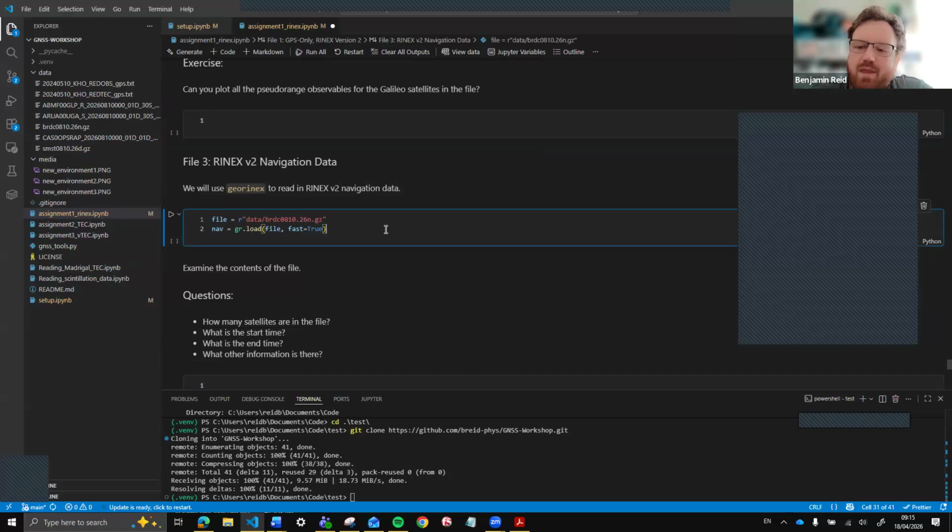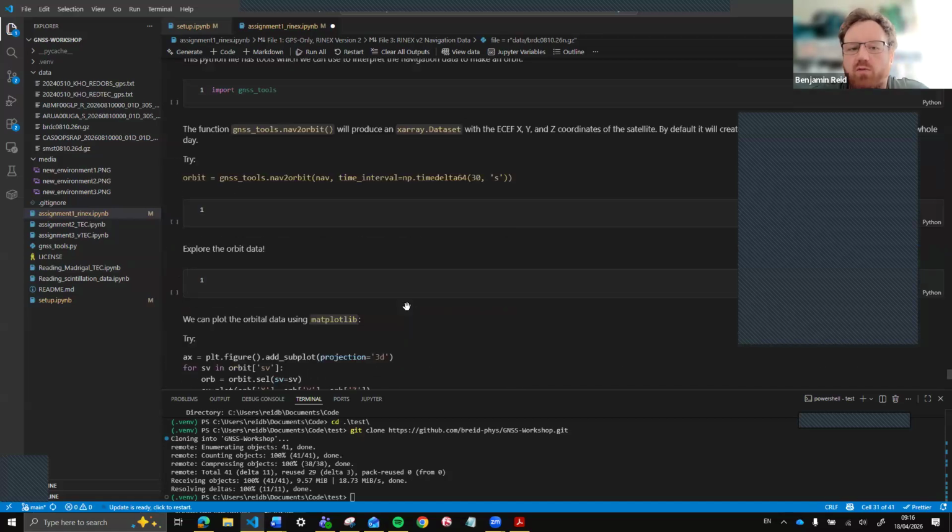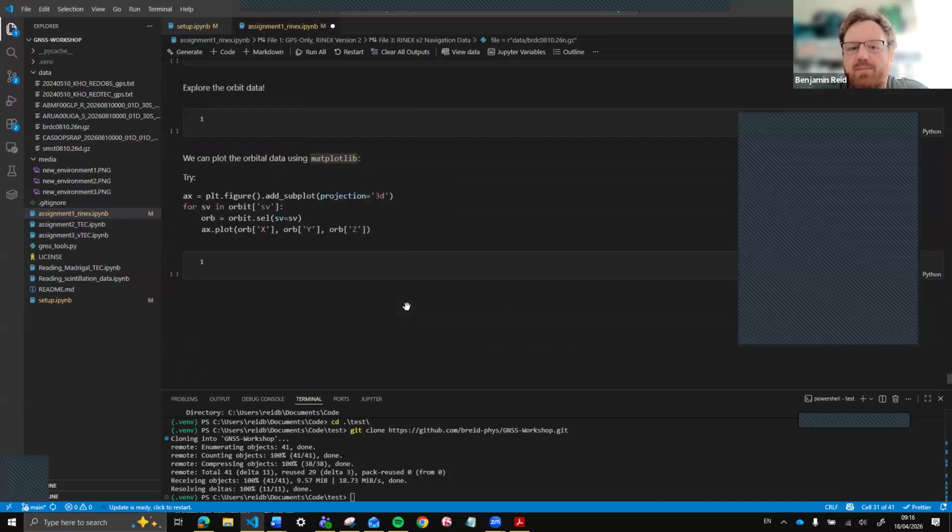So the assignments are here, and you'll be able to work through them on your own, at your own pace. I tried to write them so that we have an idea of what's there. I might switch back to the lecture now, but you should be able to work through the data and these files.